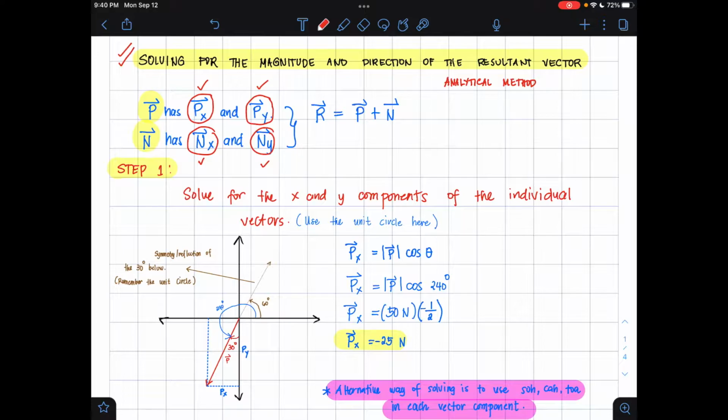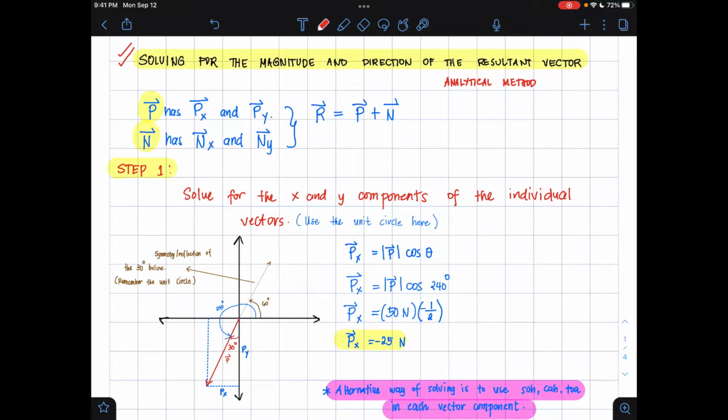Now take note, what we are doing here is we add these two vectors P and N to result to our resultant vector R. I'm just going to remove the highlights because it's making the text messy.